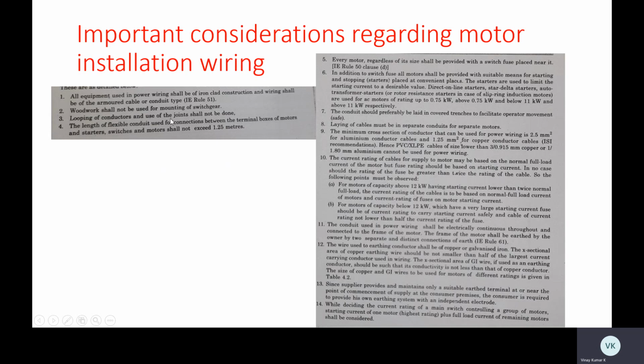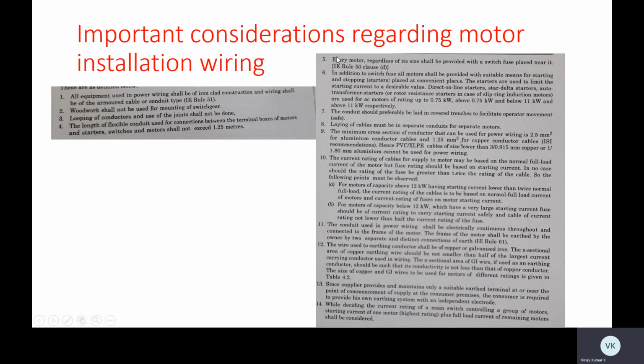The length of flexible conduits used for connection between the terminal boxes of motors and starters, switches and motors should not exceed 1.25 meters. And every motor, regardless of size, shall be provided with the switch fuses placed near to it.